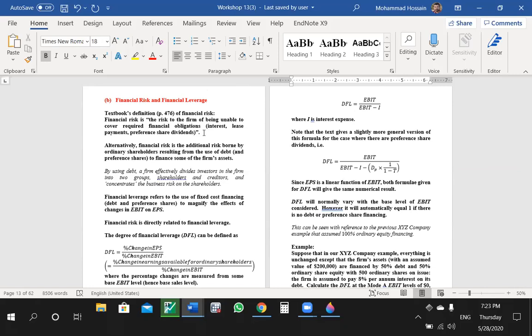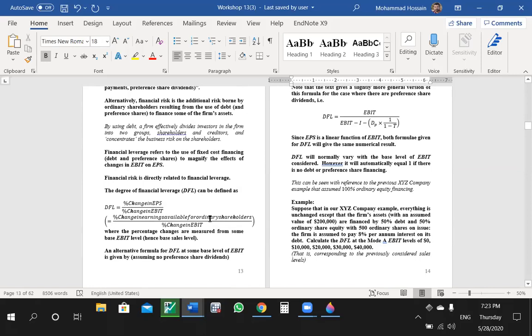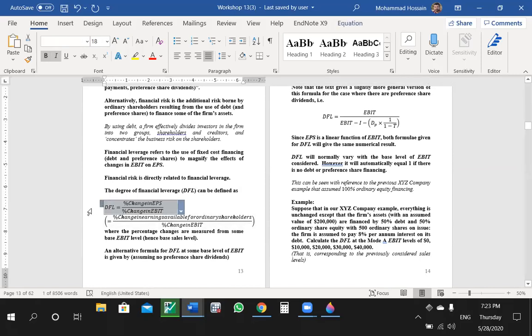All right, now let's talk about the leverage of these financial things. This is called the degree of financial leverage, DFL.